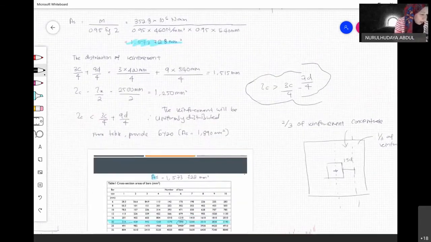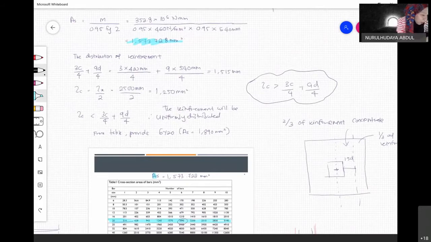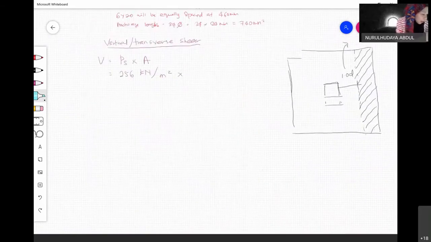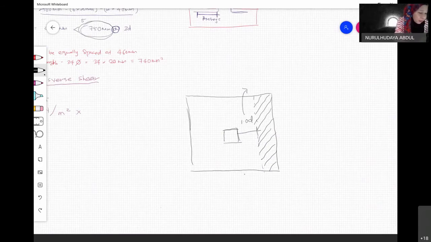What is our D? 540. Okay, it's difficult to see from far, but here there is 9D, so you can see 940. So we just simply use 1 times 540, so it becomes 540 here. Okay, and we know that half of this foundation, how much is the foundation? 2500, right? This is example 1, so 2500 is its width.